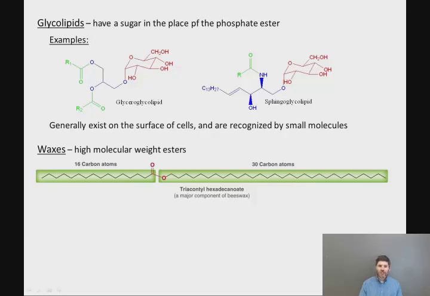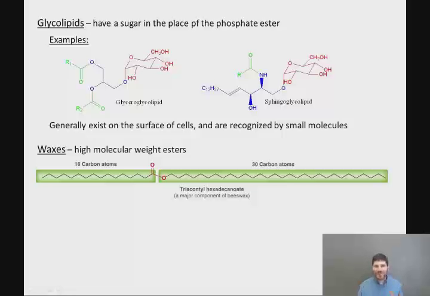So the last structural lipid are waxes, and I know what you're thinking. Earwax, right? It's definitely a kind of wax, and one that I generally consider to be quite annoying. But what is a wax? Well, waxes are high molecular weight esters, high enough molecular weight with enough carbon atoms that they are going to be solids. Okay, so drawn on the screen here is the structure of triacontyl hexadecanoate. Say that 5 times fast, that's another tongue twister for you.